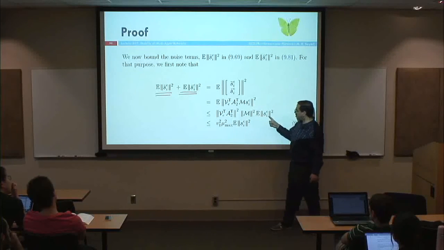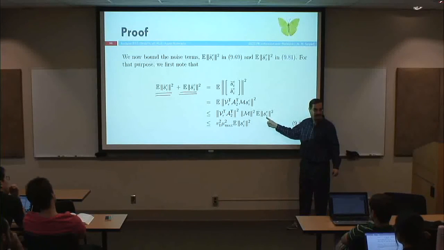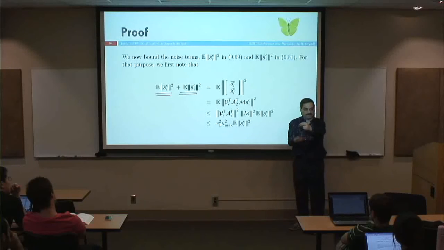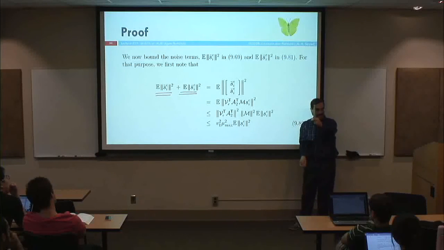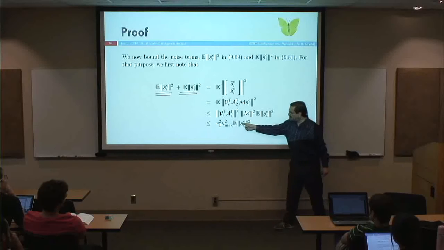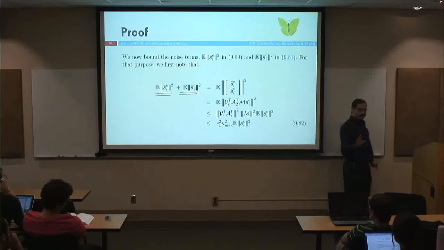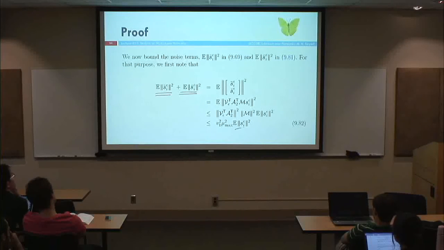So this is upper bounded by the norm of S. But remember, the norm of S squared is the sum of the squared norms of the individual gradient noises, and each one of them is bounded. So something here, mu squared times that. Fine so far? Okay, let's look at this.